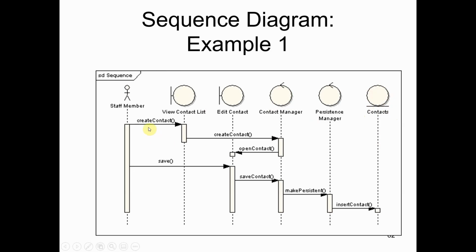This particular example is for the staff member to create a contact in a database. The contact is an object containing information, and the view contact list and edit contact are two user interface objects. You can consider the view contact list a window containing existing contacts, and an add new contact button.